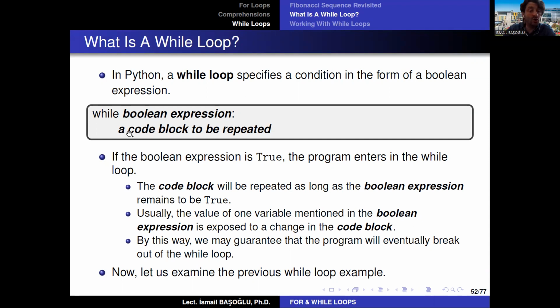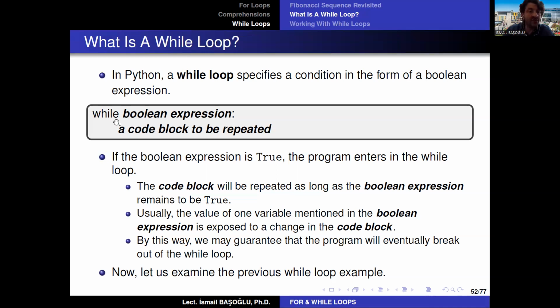Obviously, when the code block is performed, it will update some contents related to the Boolean expression. So it may be possible in the next repetition of the while loop that the Boolean expression returns a false, okay?